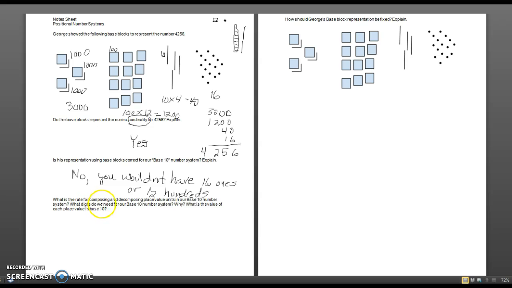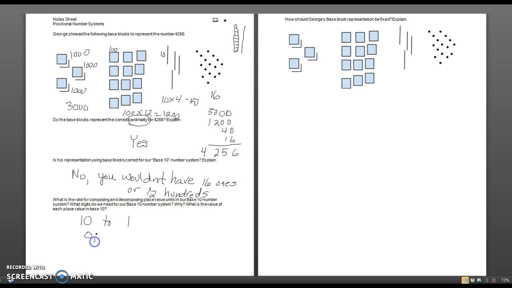What is the rate for composing and decomposing place value units in our base 10 number system? Our conversion is 10 to 1. If we take a piece and break it into its components, we get 10. If we want to make the next bigger piece, we need 10 pieces. Right? What digits do we need for our base 10 number system?